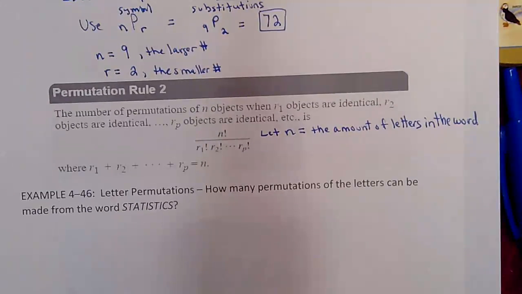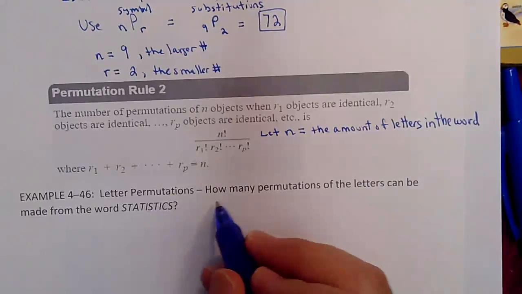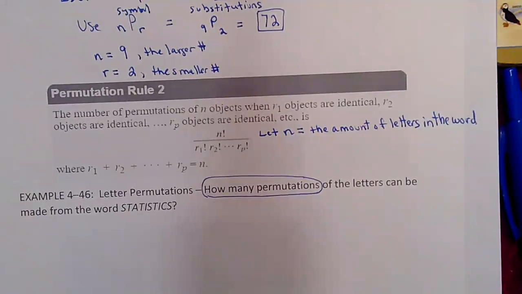It says letter permutations. Usually people ask, how will I know when to use this formula? Usually they'll word it like that. They'll have letter permutations, or they'll say how many permutations, and then they're going to give you a word.